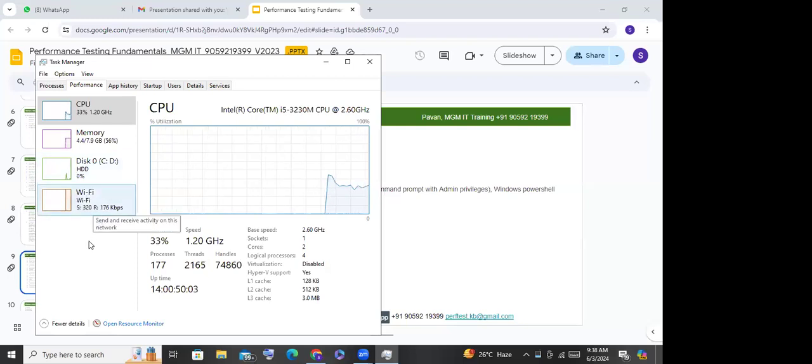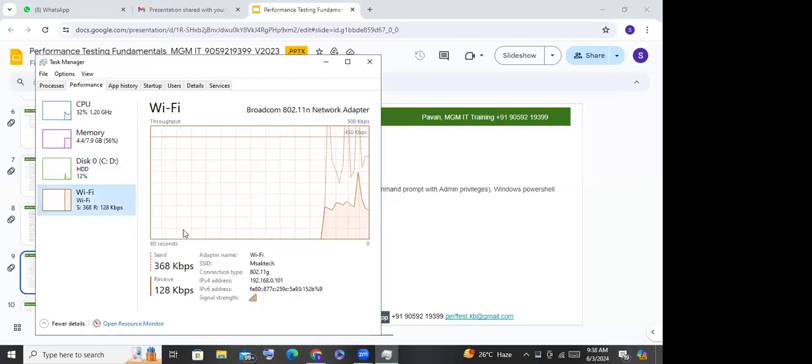Or if the network is not responding properly, we would take a look at the basic components. In order to find out the performance of the computer, you would have to understand the basics of the computer.